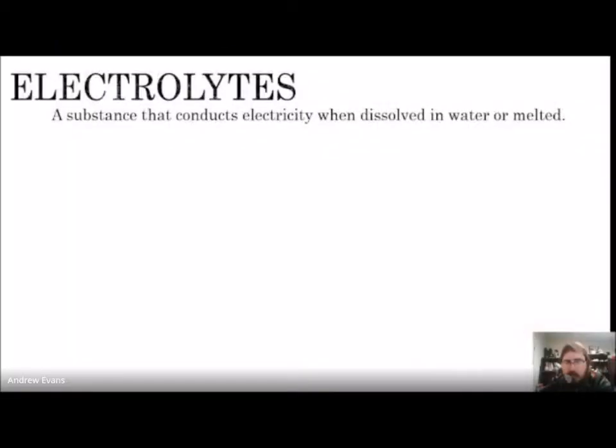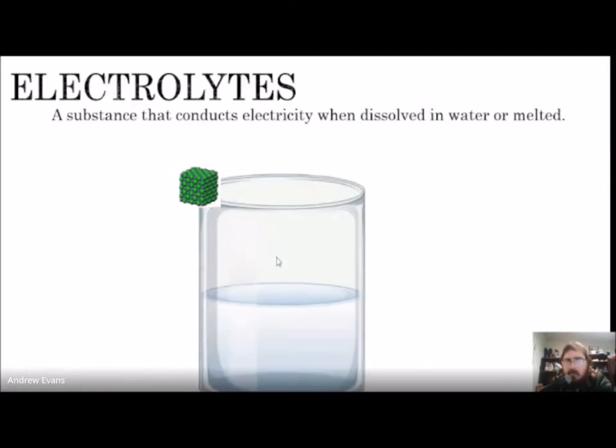In the meantime, let's talk about what an electrolyte is, because that is the thing that is actually going to create the circuit. An electrolyte is simply a substance that conducts electricity when dissolved in water or melted. A simple example of an electrolyte would be sodium chloride.